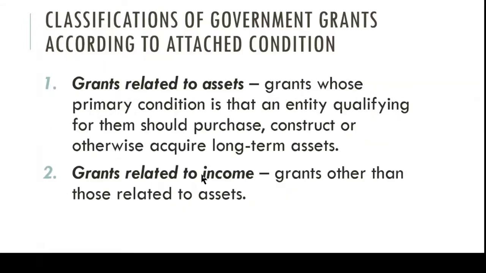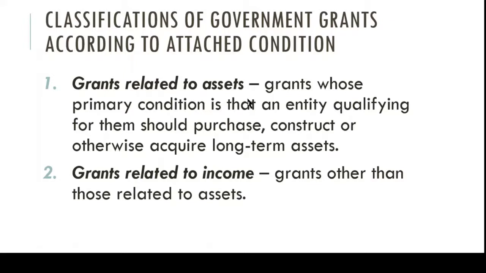And then we have classifications of government grants according to the attached condition. As mentioned earlier, there are grants that depend on conditions. So there are two types. We have grants that are related to assets, and there are also grants that are related to income.